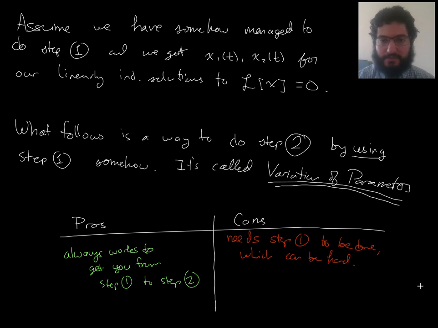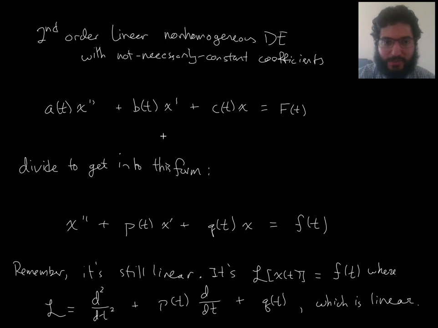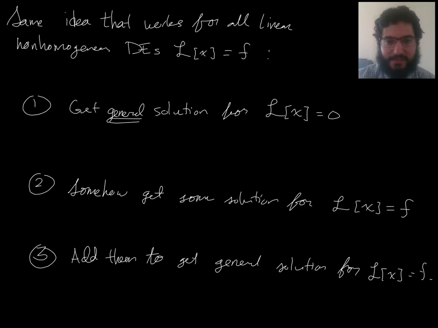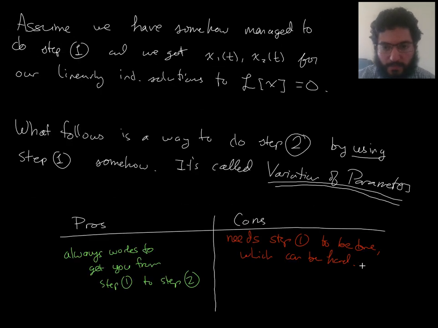But what if it isn't either of those two? Like most choices of what you would pick for p of t and q of t here, or a, b, and c here, most choices are not going to be constant coefficients or Cauchy-Euler, right? So those are just 2 very special examples. All right, so this needs step 1 to be done, which we can only do sometimes. It's often hard to do step 1.